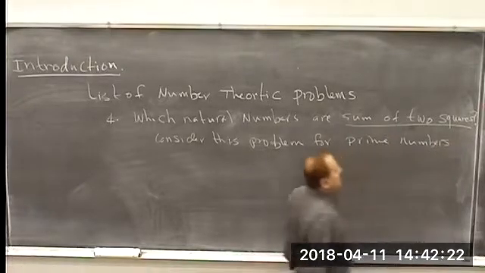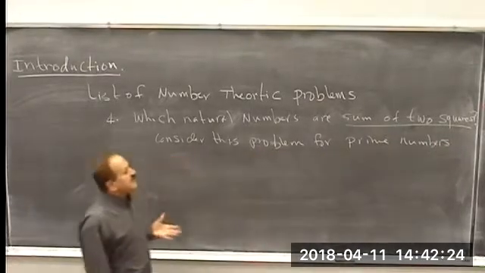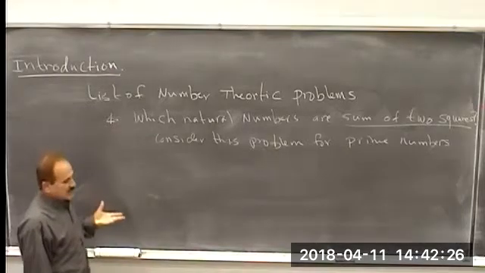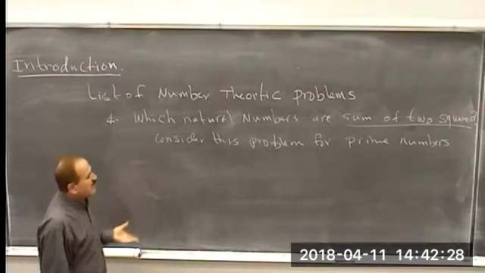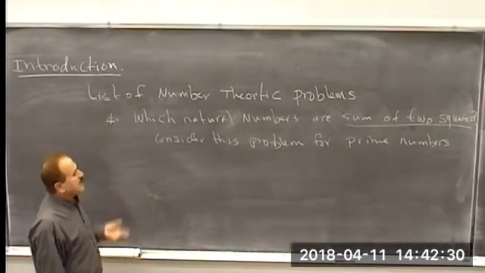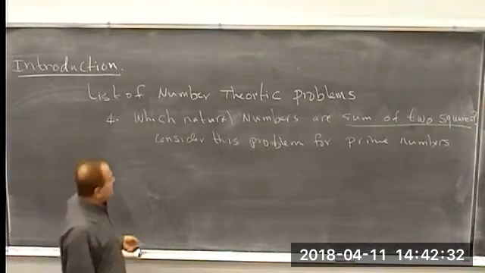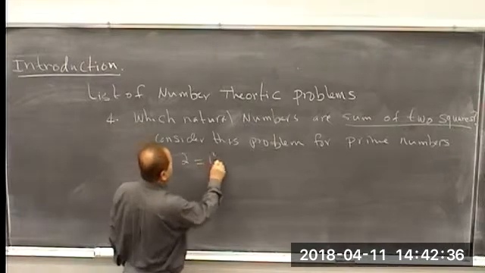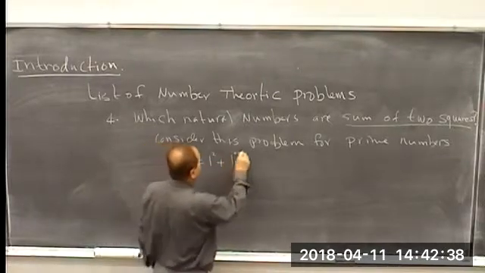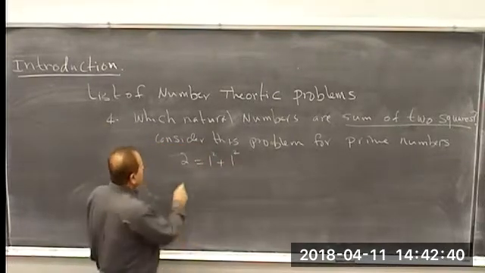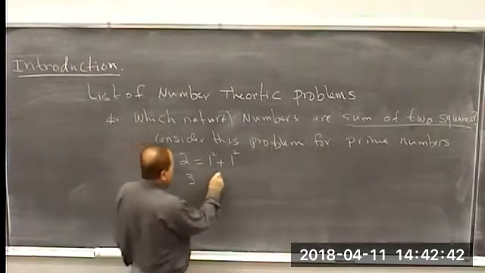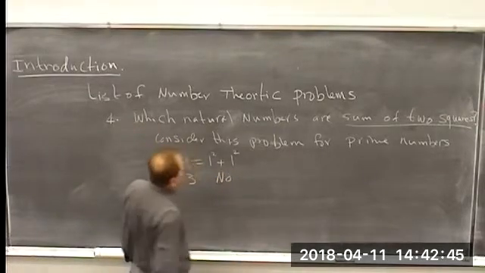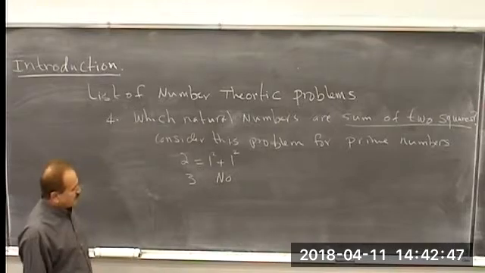In fact, one advantage of number theory is you can do some experimentation, okay? You could do some guessing and look at a few cases and see if you can generalize this. So for example, if I take 2, yes, 2 is a sum of 2 squares, 1 and 1. Is 3? No. You cannot write 3 as a sum of 2 squares.